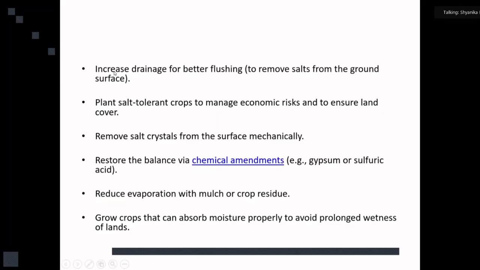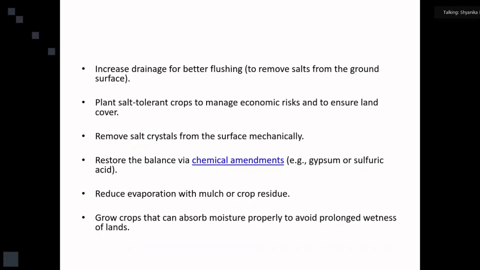Then we can increase the drainage for better flushing. Flush the topsoil and remove salt from the ground surface, right? And then we can plant salt tolerant crops, so they can tolerate some of the salinity conditions without reducing productivity.